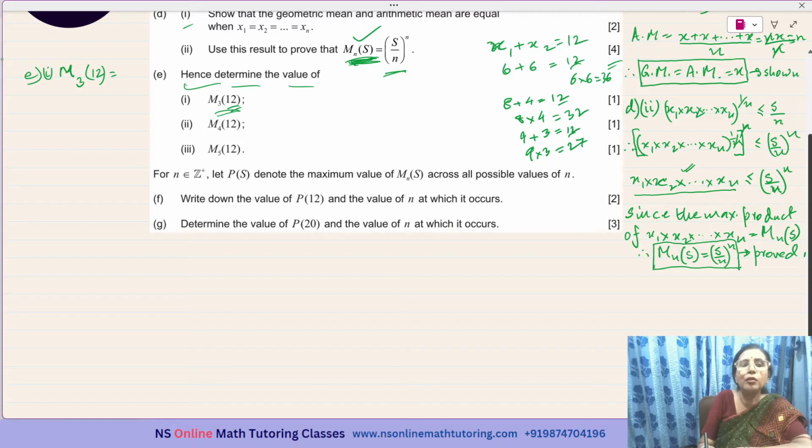So, this should be equal to, s is 12 and n is 3. So, it is 12 over 3 raised to the power of 3. So, this is equal to, 12 over 3 is 4, 4 cube. 4 times 4 is 16, 16 times 4 is 64.